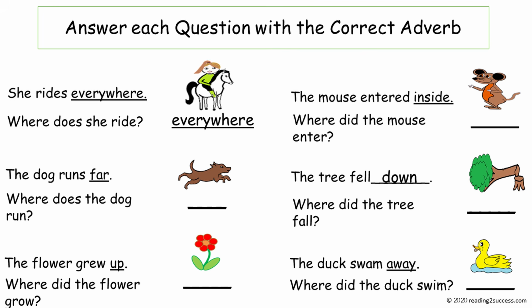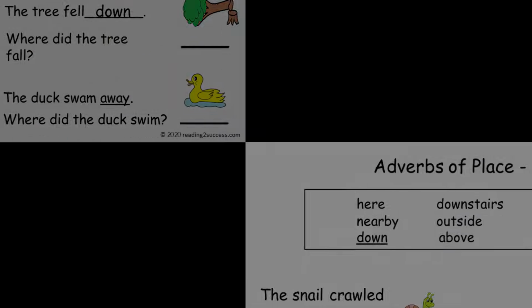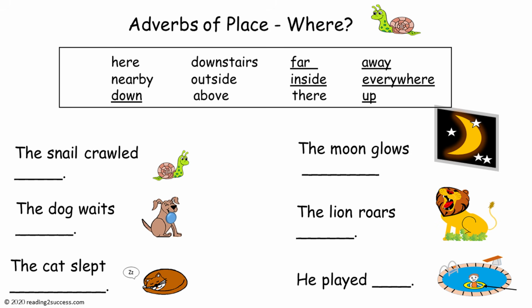The mouse entered inside. Where did the mouse enter? Inside. The tree fell down. Where did the tree fall? Down. And the last one, the duck swam away. Where did the duck swim? Away. Now we're going to have kids complete each sentence with the remaining adverbs of place, which answer where.